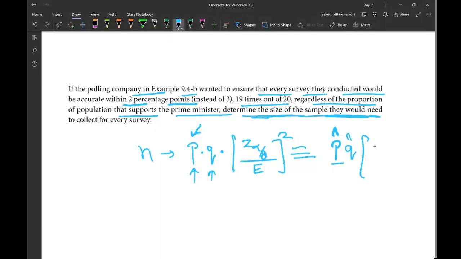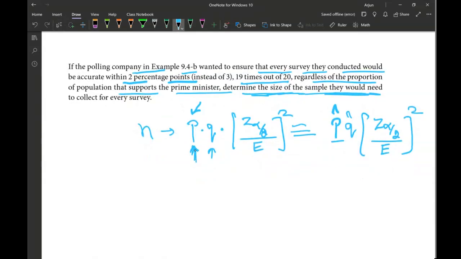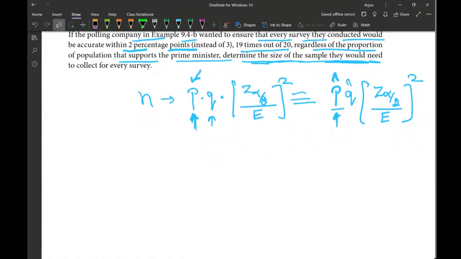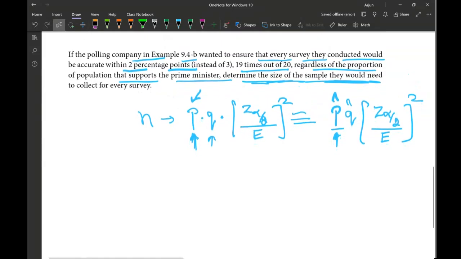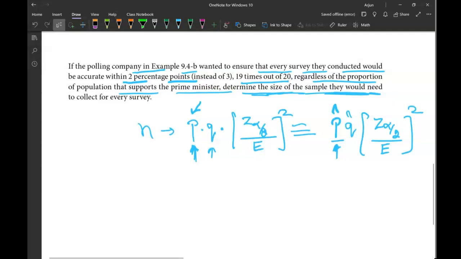This is how they are writing it: Z alpha over 2 and divided by E and square this value. Okay, so if I'm not given the population proportion, I'll take the sample proportion. Okay, p hat value. So is the p hat value given to me? It is not given to me.